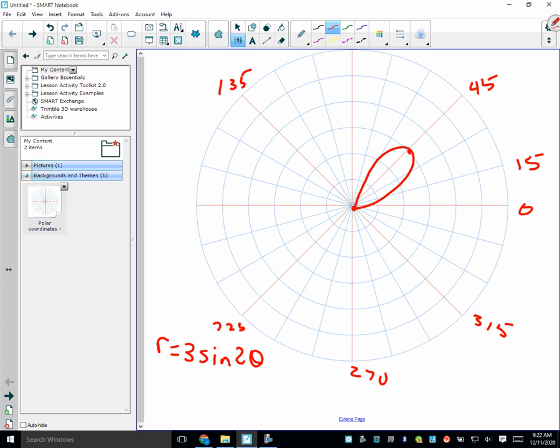Okay. What would be next? 135? And what is that? Negative 3. So it goes this way, doesn't it? So I believe the graph does this now, doesn't it? Are you with me?